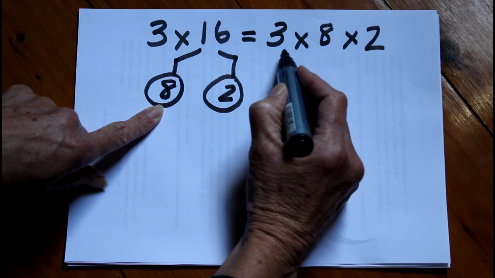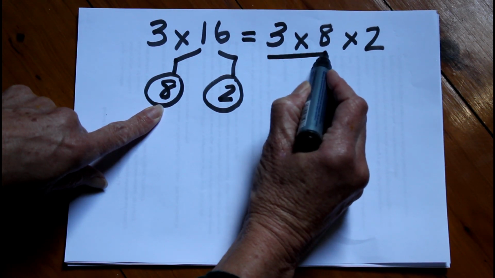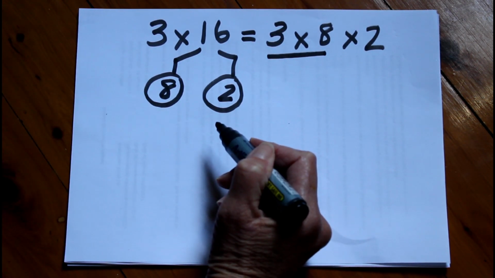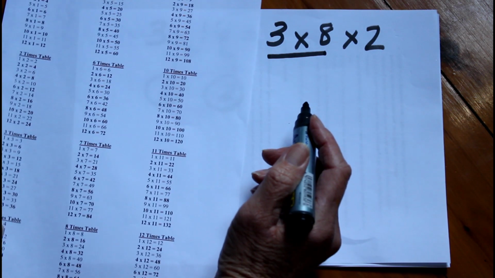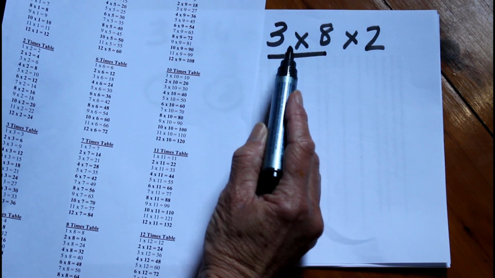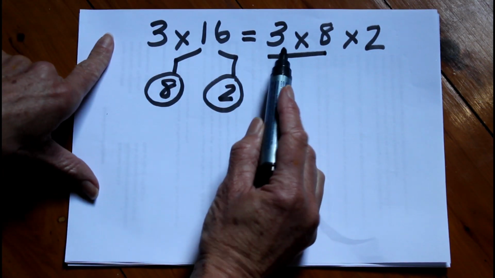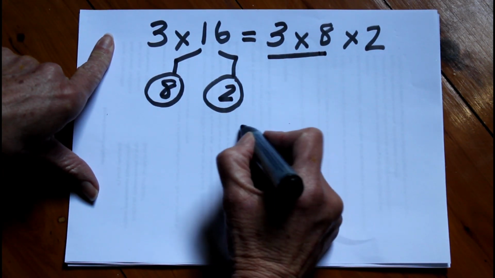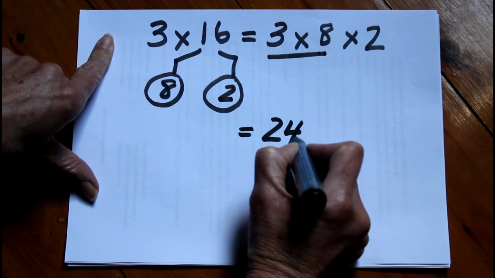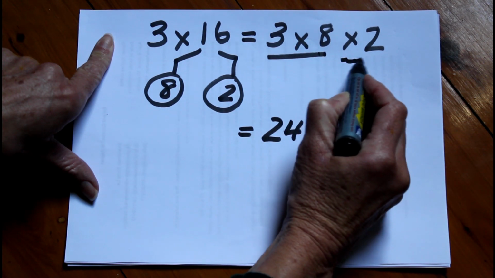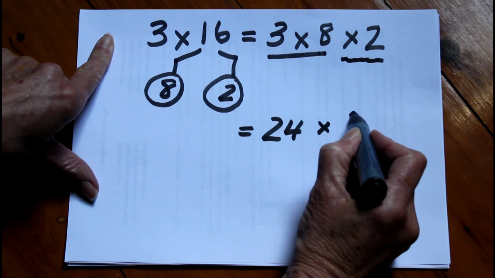Now I've rewritten it, I can do 3 8s, because 3 8s are in my multiplication table, and I know my 3 times tables. I know that 3 8s are 24. So I'm going to change this number here now to be 24, and I'm going to bring down this number here, times 2.